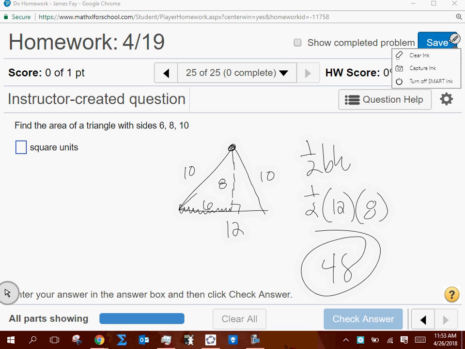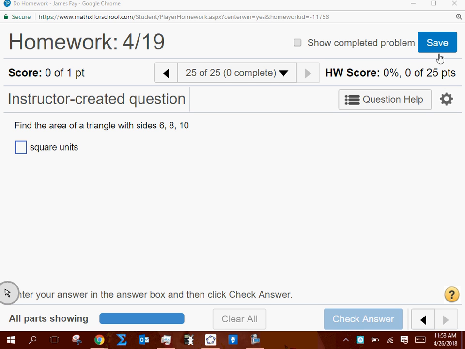All right, so here's another question. This is not very insightful. It's the same triangle, so it's the same answer. But when we see 6, 8, 10, or eventually I might say 3, 4, 5, or 12, 16, 20, these are special types of triangles.